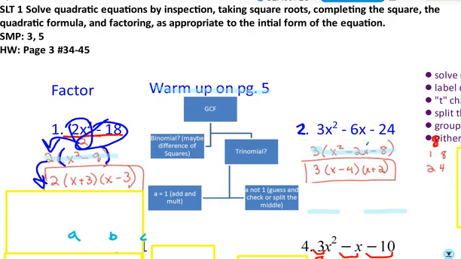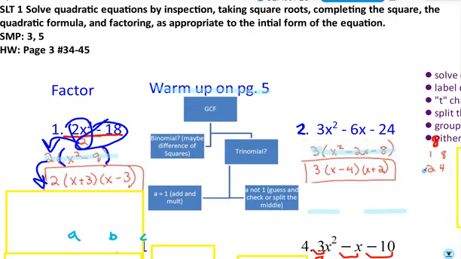Now I have a trinomial that can be solved by splitting the middle. What 2 numbers multiply to negative 8, and those same numbers have to add to negative 2?